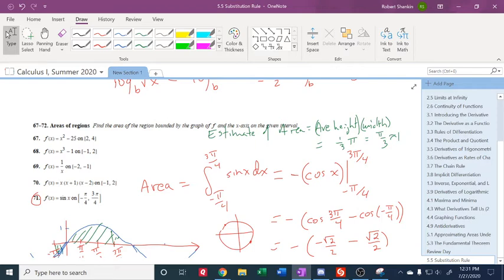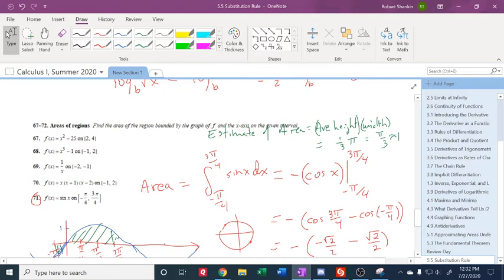All right, I think they could have been clearer on their directions. I don't find this clear enough, if what they really meant for you to do is to interpret this as positive area. I think they should have stated that as well.